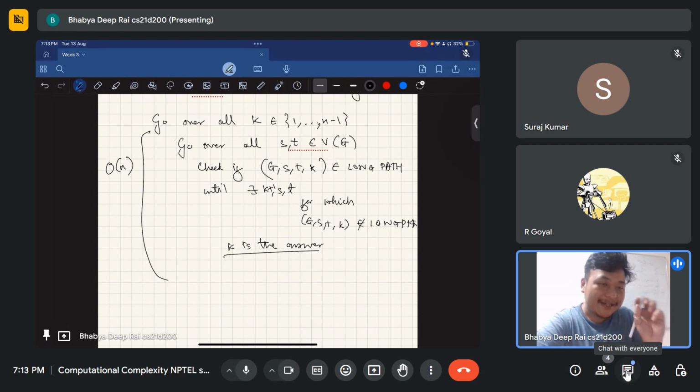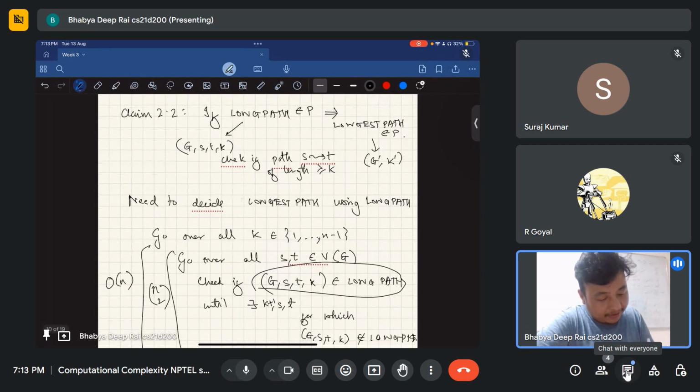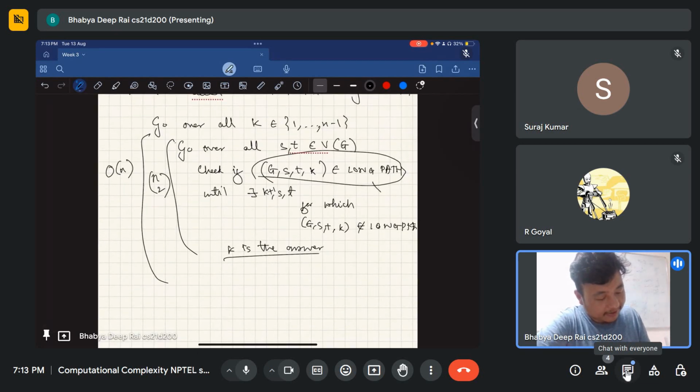Go over all pairs S comma T. This takes n choose 2 times, every time you're choosing 2 out of n. And this part, check if G is in long path. We are already assuming that long path is in P. So it runs in some n to the c time.